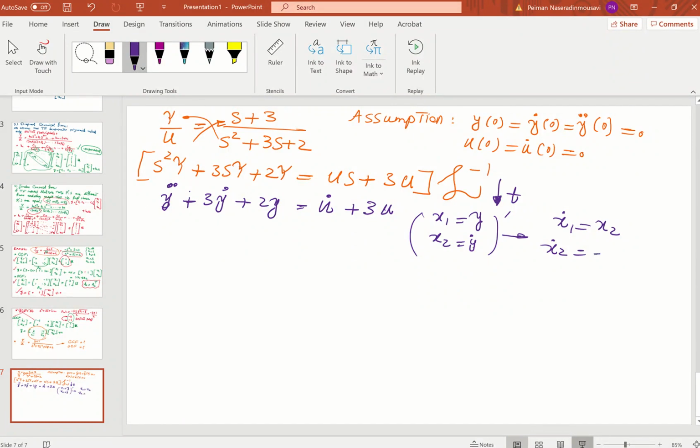Y double dot is from here: minus 3 y dot, which is x2, minus 2 x1, plus u dot plus 3u. That's right? Huh? That's right.